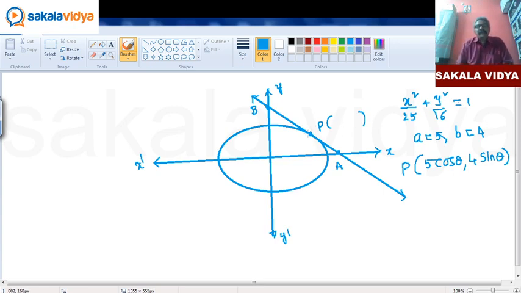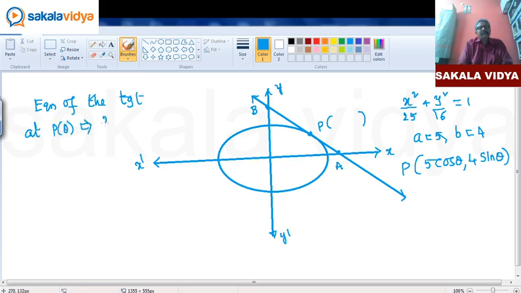Now we need to write the equation of the tangent at P of theta, in parametric form.